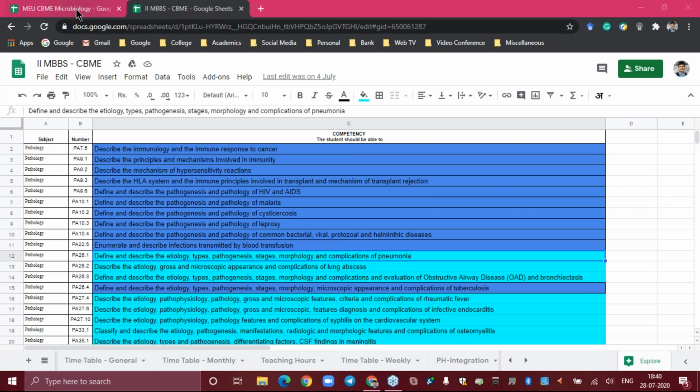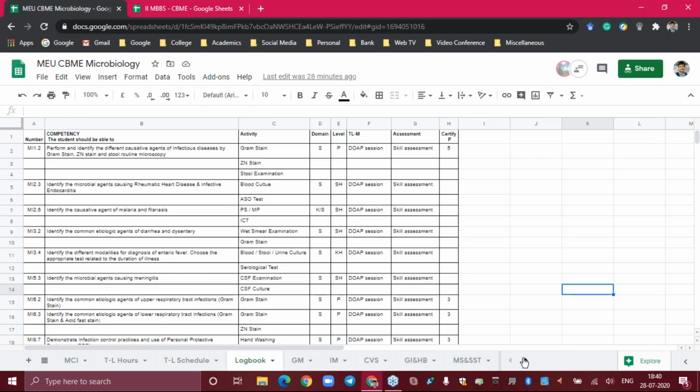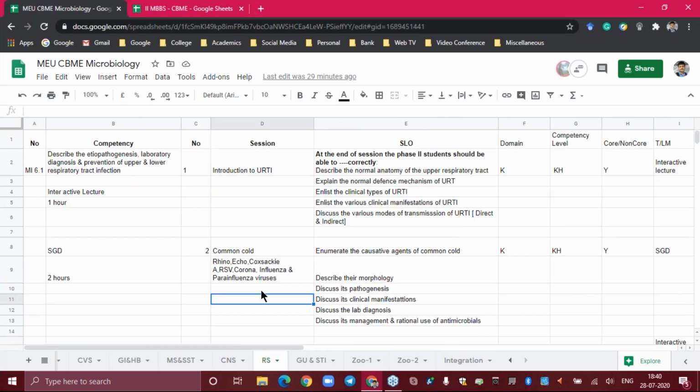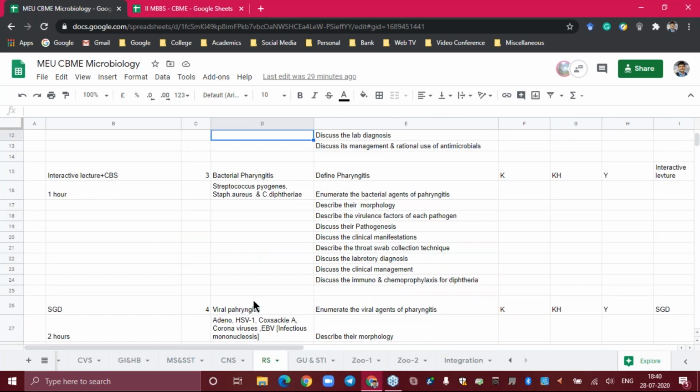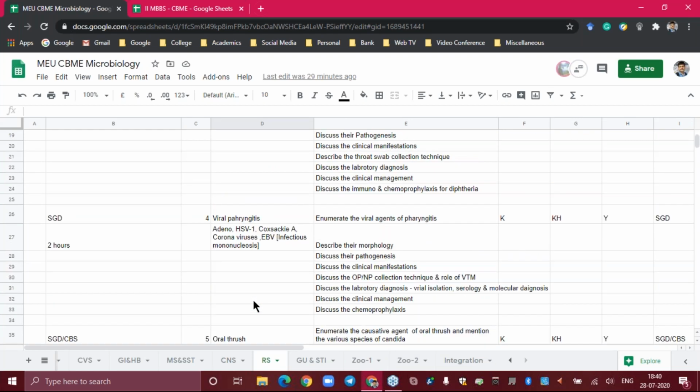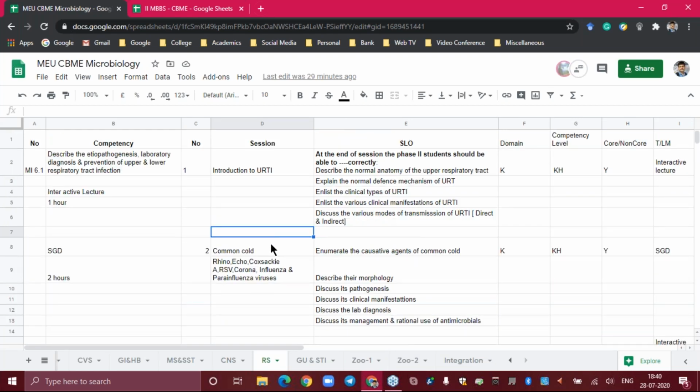And next thing is regarding the practical sessions. Previously we were having a record which had a lot of theoretical part. We have to remove everything in that, and only the competencies which are skill-based we have to put in the practical record for the students. Definitely.